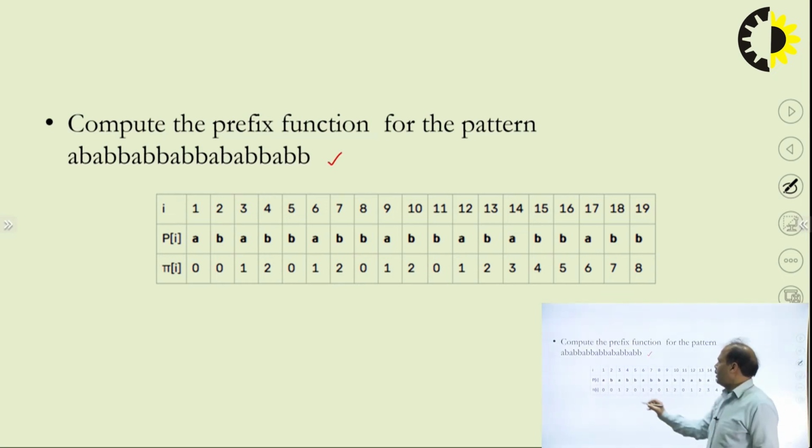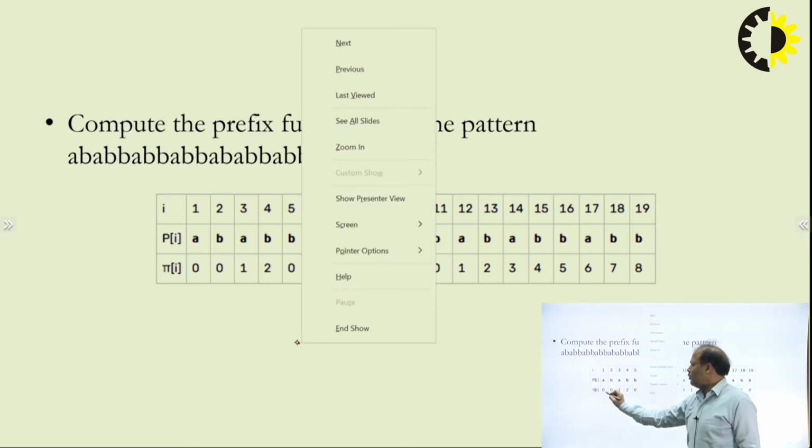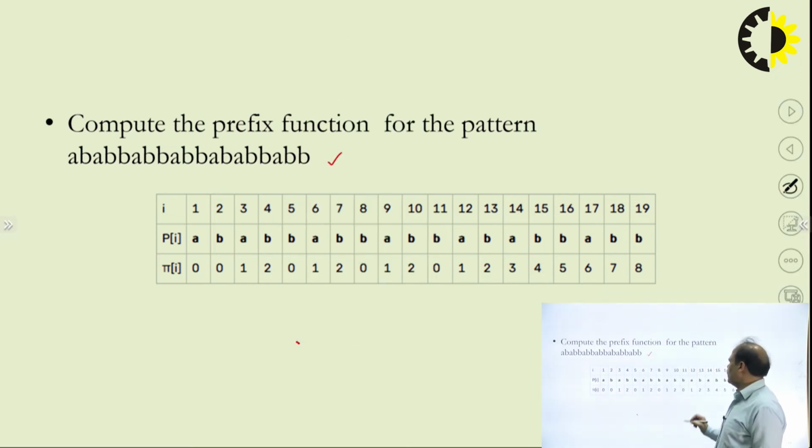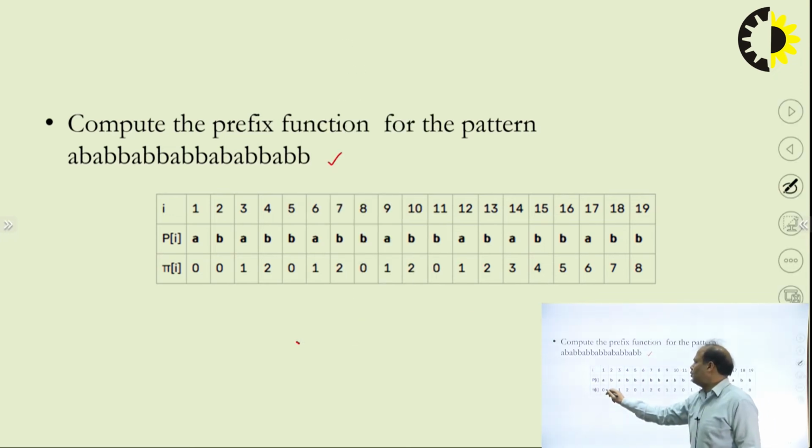Pi 0 will always be 0 because the only proper suffix is epsilon. Next, the only proper suffix is B, and B is not a prefix of this. Same thing here, A is a proper suffix and A is a prefix, so its length is 1.